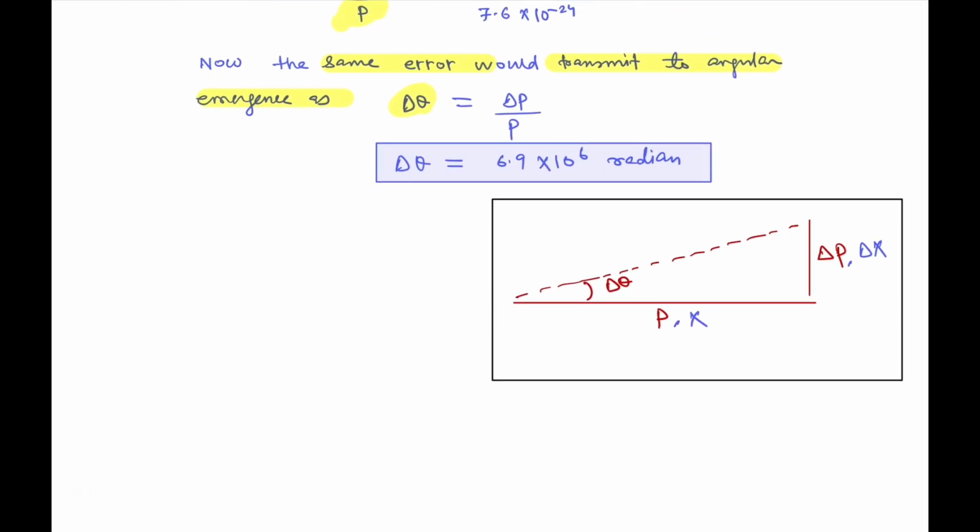We know that if suppose this is the momentum on the schematic diagram, then the change in momentum would be in the perpendicular direction, and when you apply tan theta, it is going to be perpendicular upon base, that is delta p divided by p. And because delta theta is going to be so small, delta theta is going to be just delta p by p.